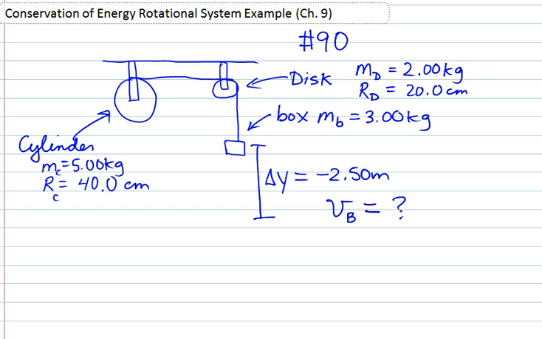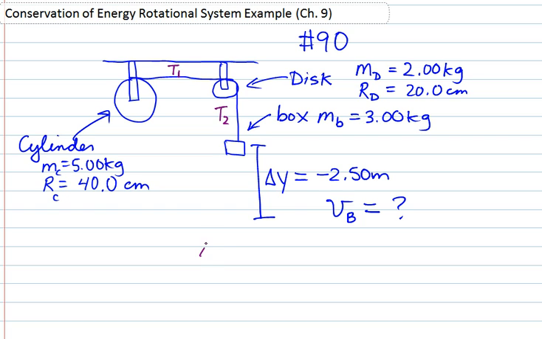We could use forces, and set up a system of equations whereby we calculate T1 between the cylinder and the disc, and T2 between the disc and the box, and write 3 equations with lots of unknowns. But it turns out that it's easier to use conservation of energy.